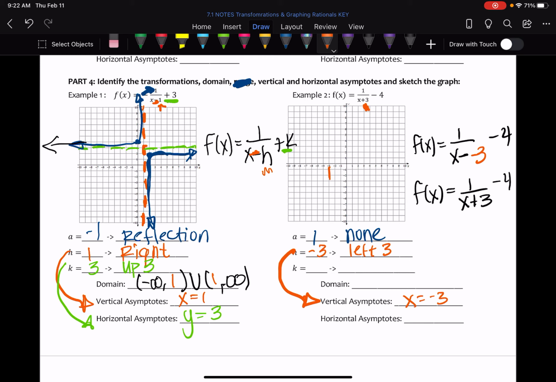So I'm going to draw that in. And then my k, my big plus or minus, is negative 4. That means I'm going to go down 4, which also means my horizontal asymptote is going to be at negative 4.